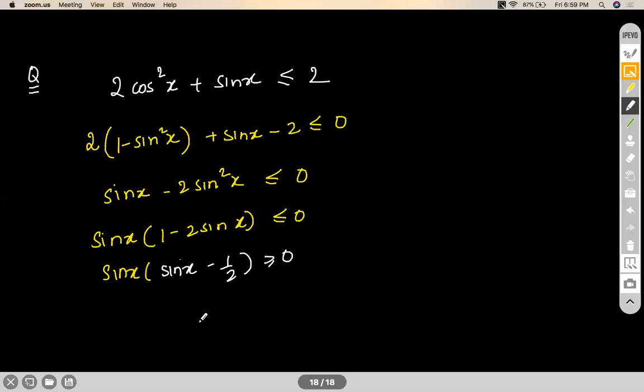Okay. Now, for this to happen, either sine x must be less than equal to 0, and sine x minus half should also be less than equal to 0. Correct? That means both are negative.